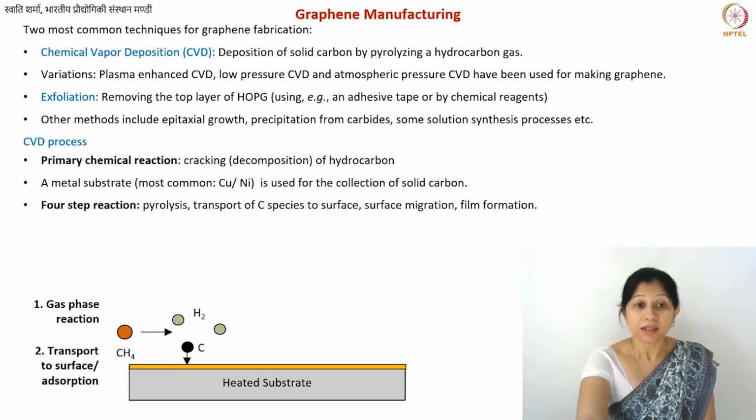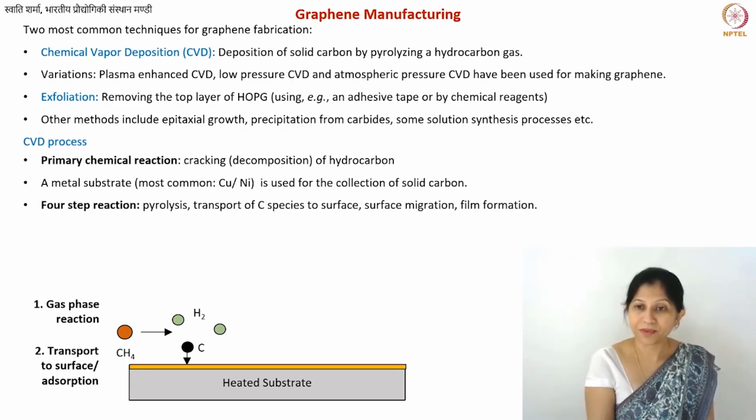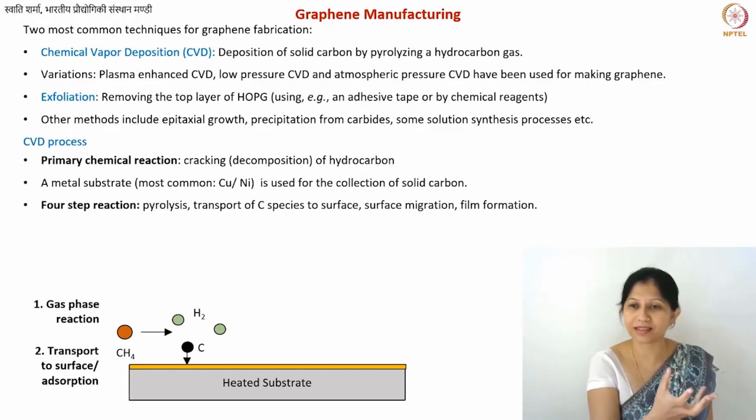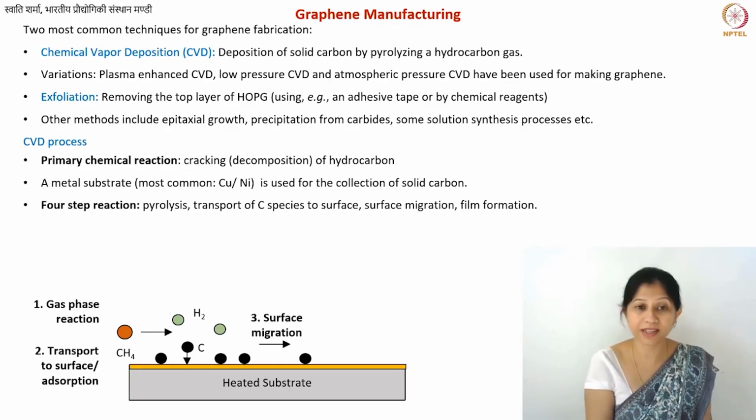Okay, now with this arrow I have shown the transport to the surface, or the adsorption of your carbon species on top of your metal substrate. So that is your propagation and this adsorption, that is your step number 2. What happens after that is that these carbon species now migrate onto the substrate, and here temperature can make a big difference.